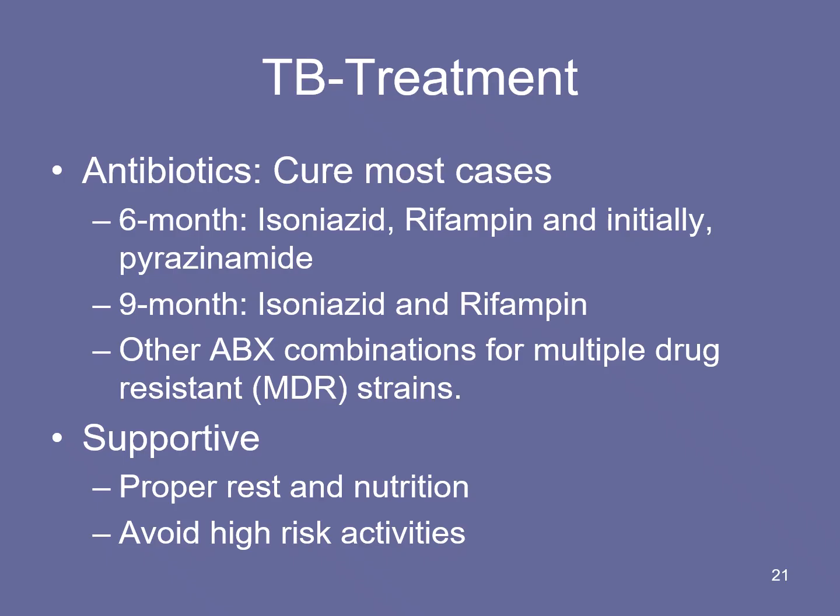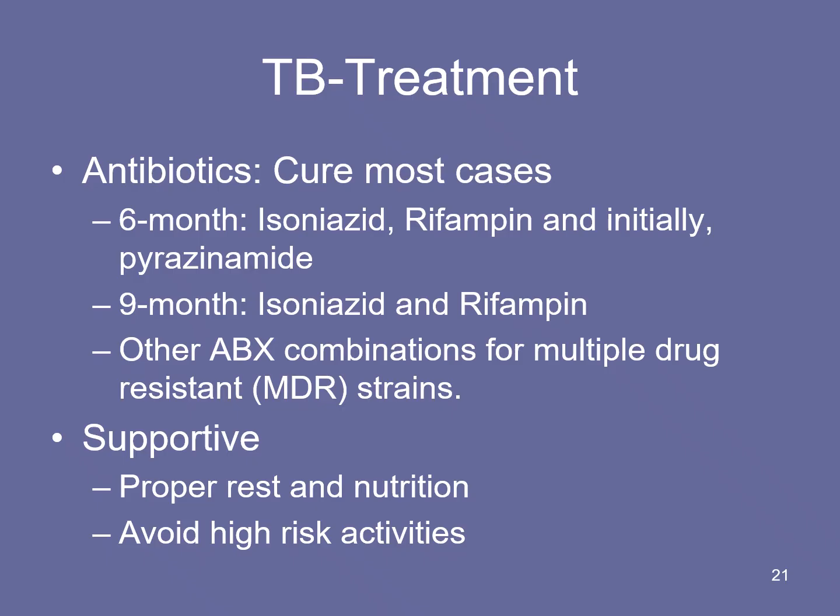Many times when we're treating patients with tuberculosis, we're using multiple drugs. Interestingly enough, streptomycin is still used, but it's not a primary antibiotic against tuberculosis. I would say it's more of a tertiary one that's almost universally used in combination with other drugs. You have a 6-month regimen.